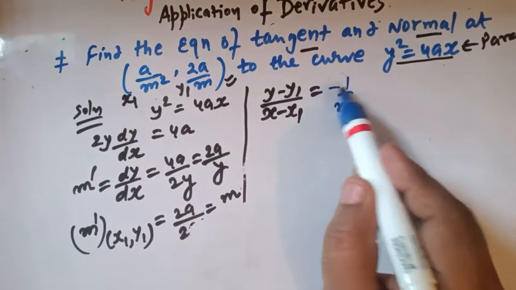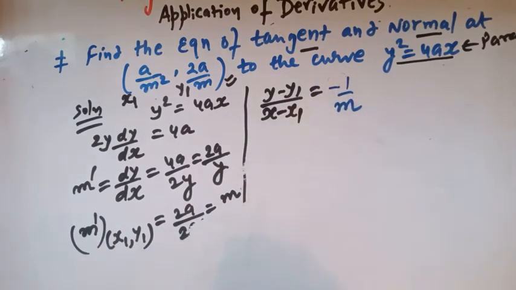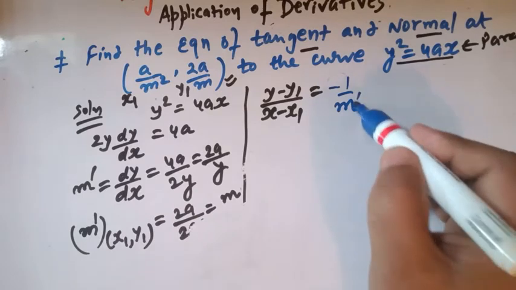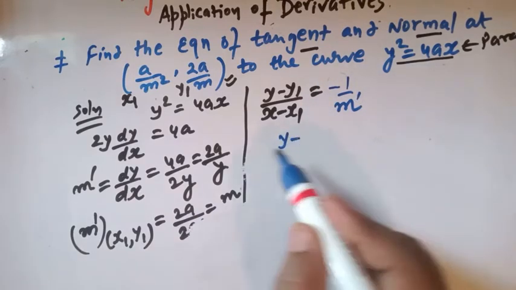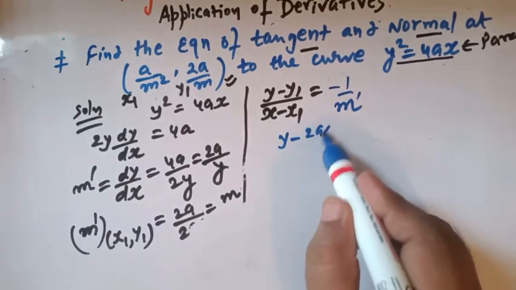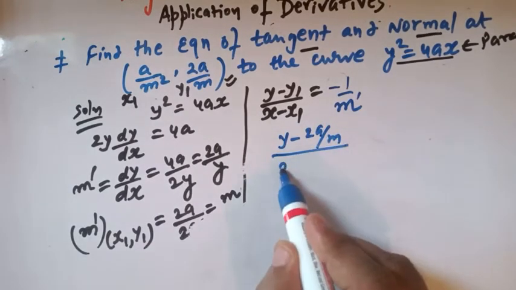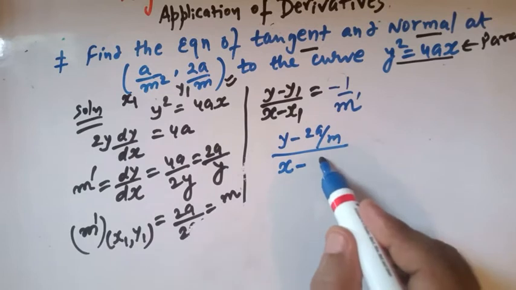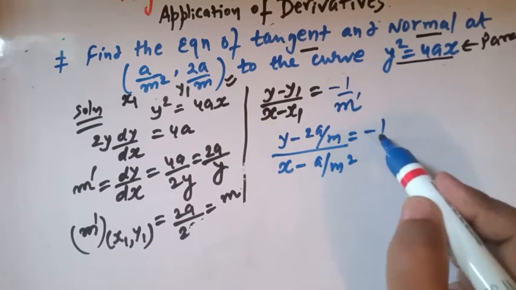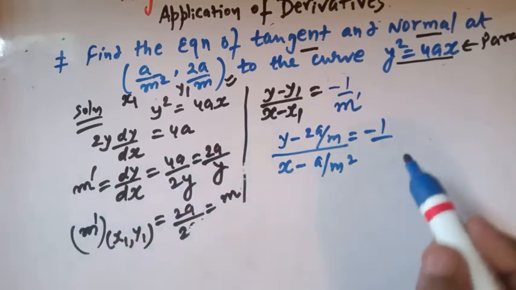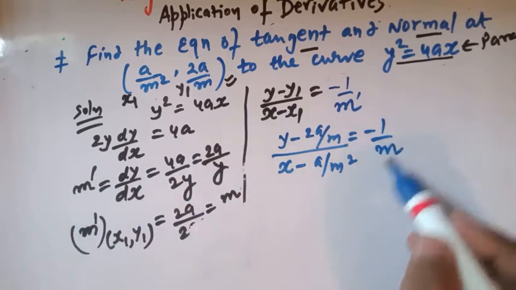So we have minus 1 over m. Clear? Now here it should be m dash or m prime. So we have y minus y1 is 2a over m, and x minus x1 is a over m square, equal to minus 1 over m prime. M prime is m. Clear?